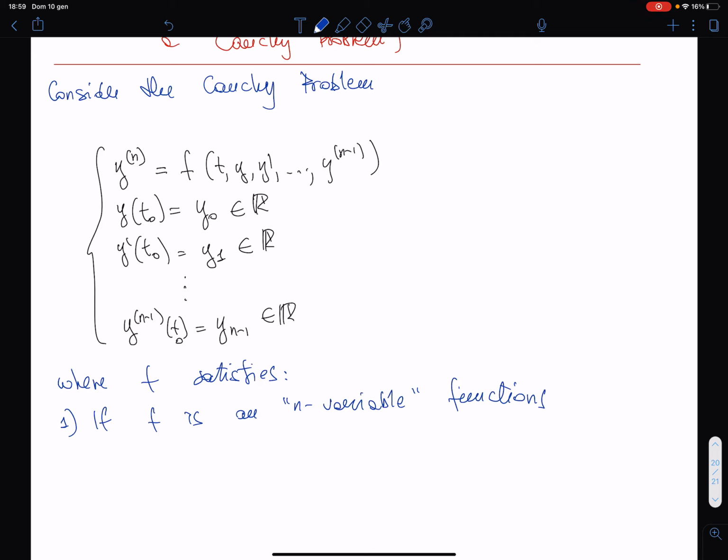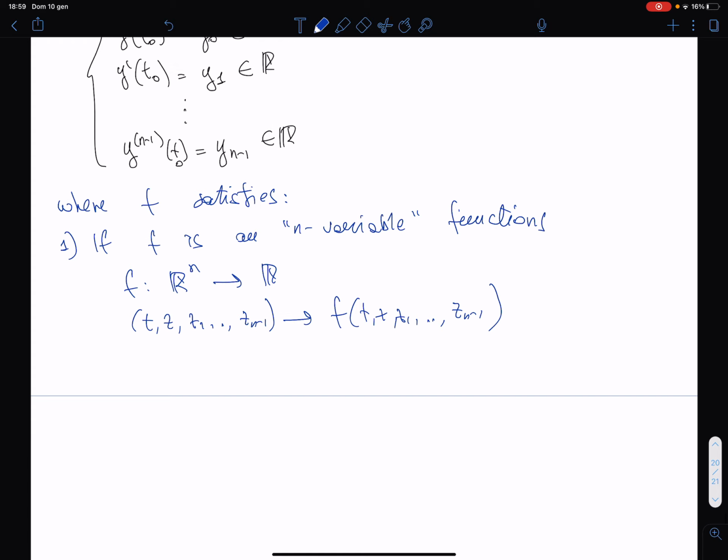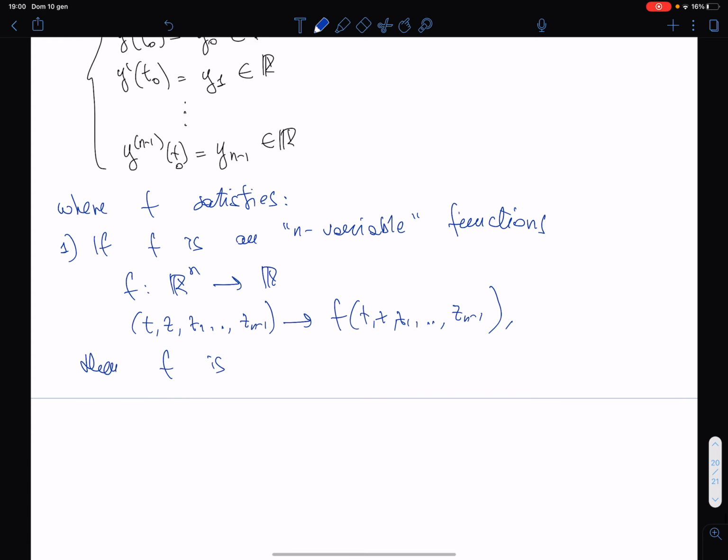It is a function f from R n to R, so that if you take n numbers, and let me call them t, z, z1 up to z n minus 1, and then it goes to a single number, then this f is continuous.